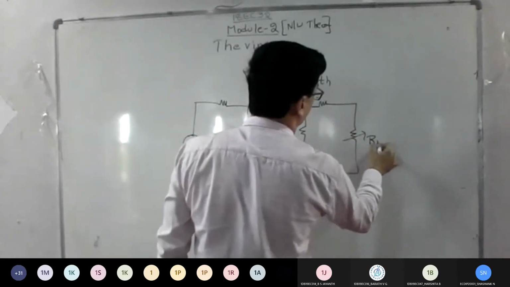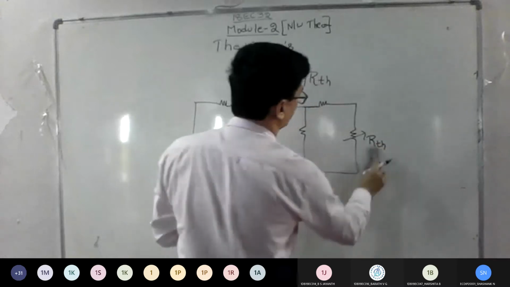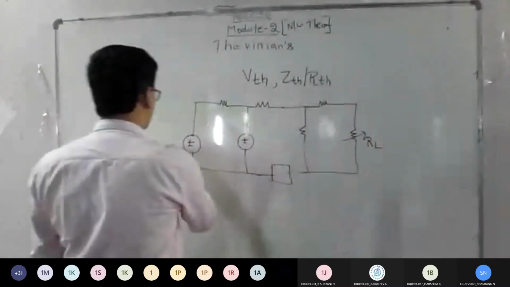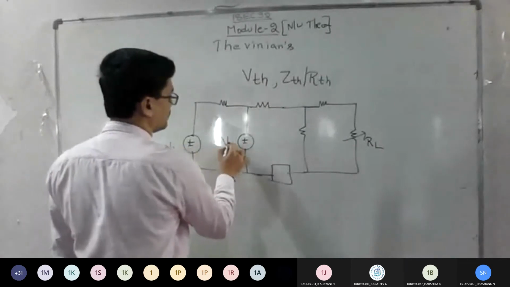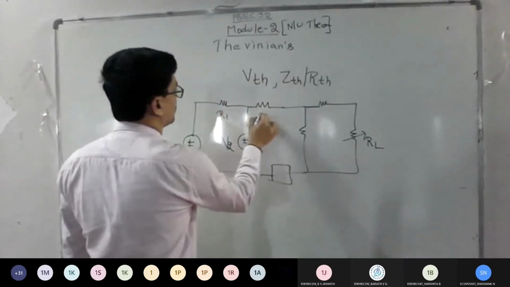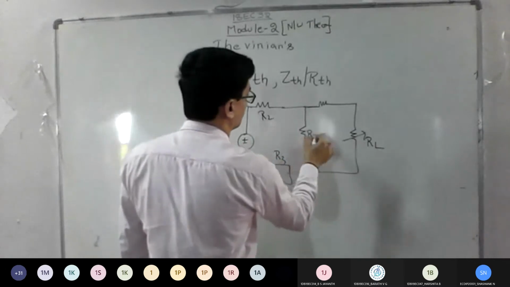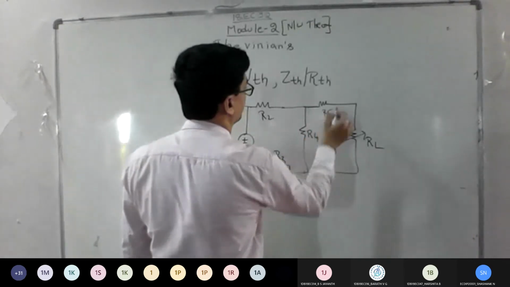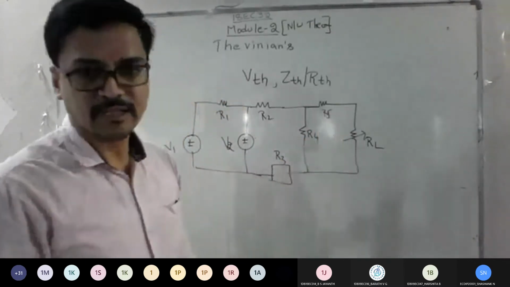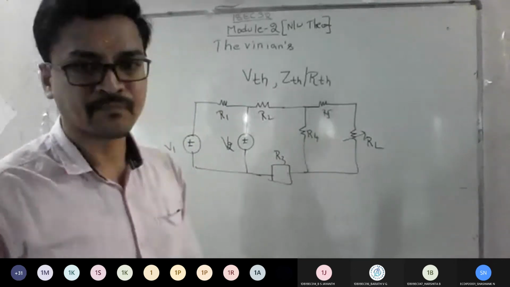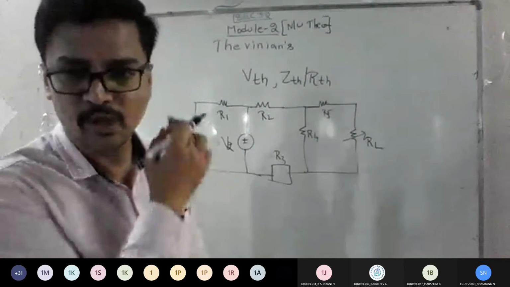assume that this is your RTH, I mean this is your load. This is your supply voltage V1, V2, and R1, R2, R3 or Z3, R4 and R5. Listen carefully. Whenever they ask you to explain Thevenin's theorem, you need to have a logic to solve this.